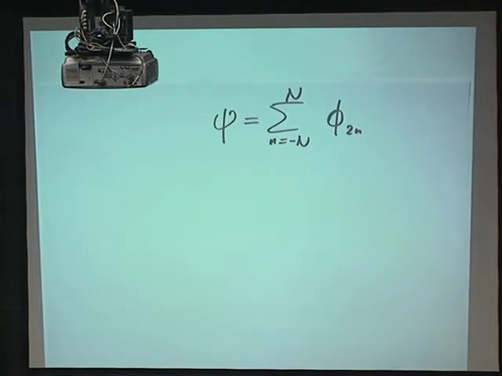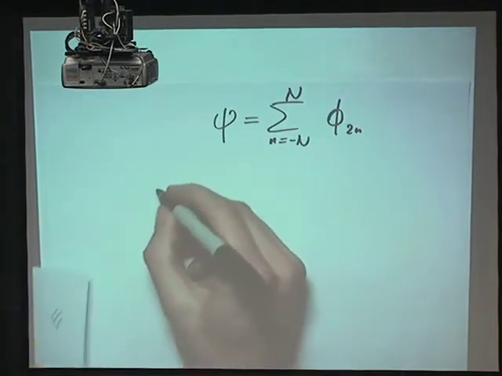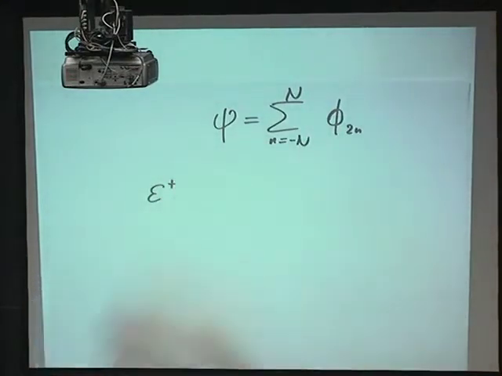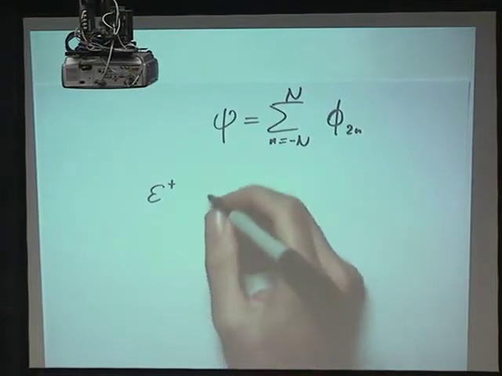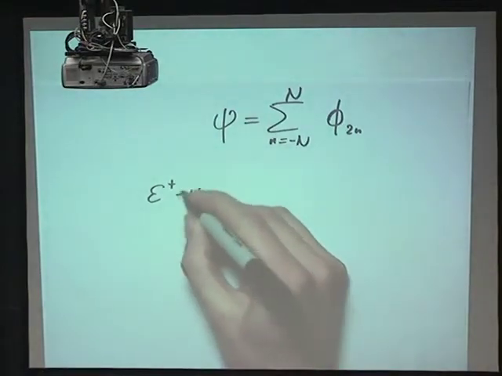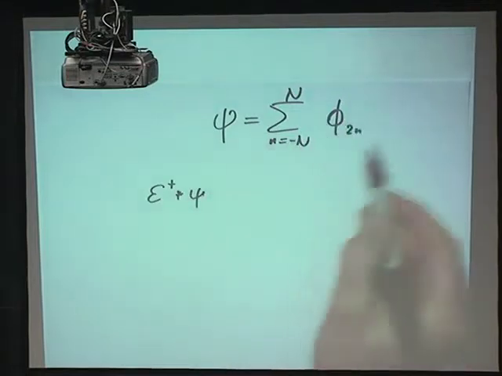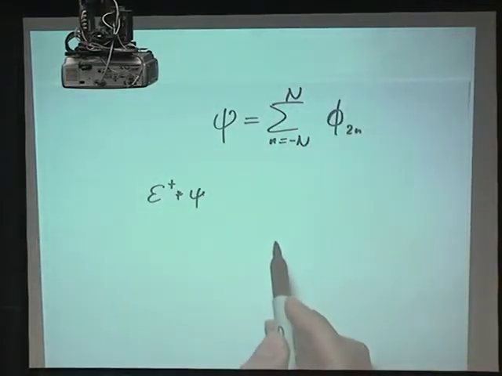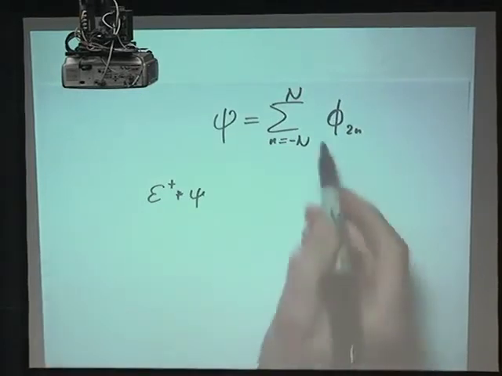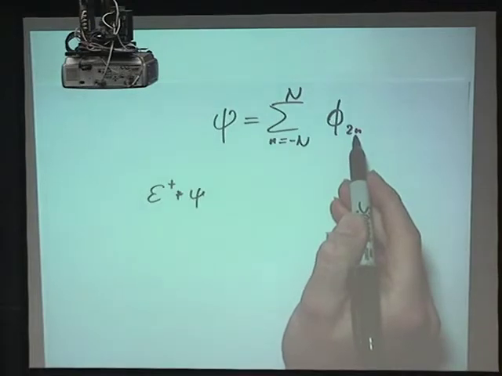There's also something else that we noticed before, which are essentially the recurrence formulas that I want to write down in a different way now. I apply E plus to the psi, which means I apply the E plus simultaneously to all the phi 2n's. Then I don't get just a constant, the relationship needs to take into account the n because the normalization was always taking into account the n.